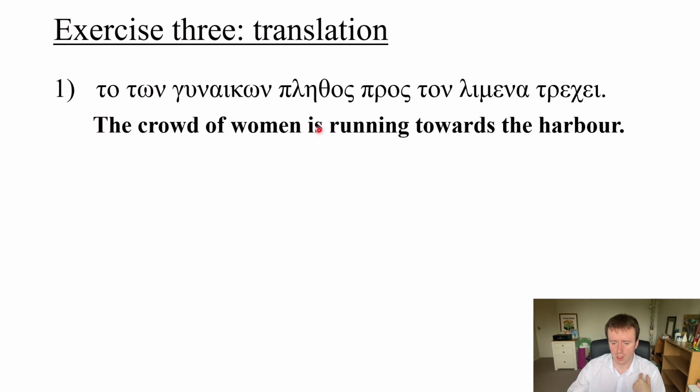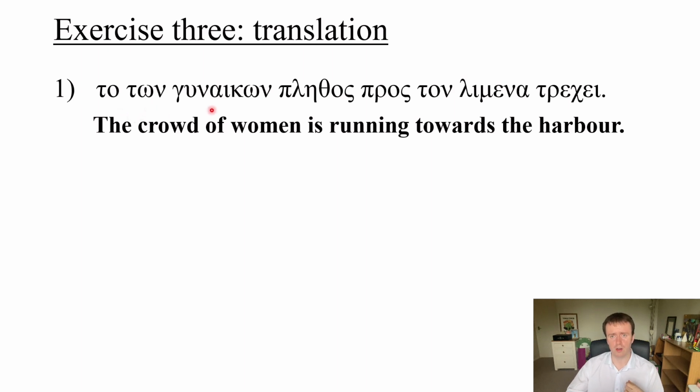Now to pletos we know means the crowd or the multitude. But from the ending and the form of the definite article, we're not yet sure whether it's nominative or accusative, okay? So let's bear that in mind for now, that it could be either nominative or accusative, but either way it means the crowd or the multitude. In the middle of it, we've got ton gynaikon.